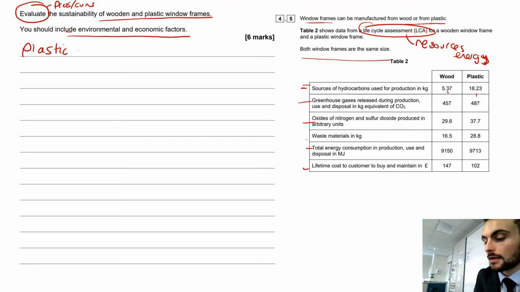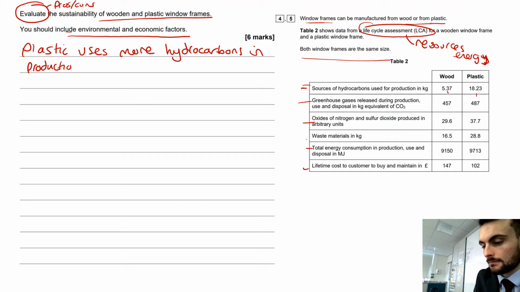So we can first say plastic uses more hydrocarbons in production. That's our blanket statement, and then link it to what you've been learning in science. What is a hydrocarbon? It's from non-renewable crude oil, isn't it? So that's going to factor into our evaluation.